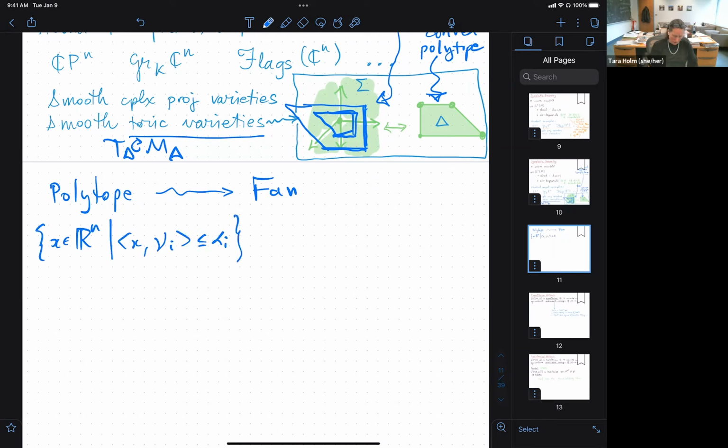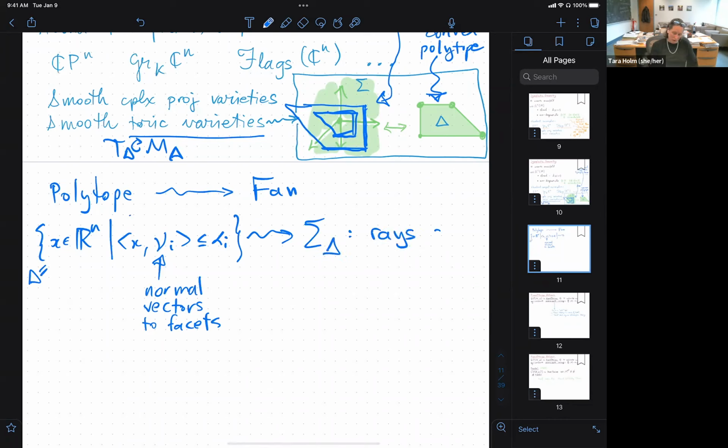These are normal vectors to the facets. And if I call my polytope delta, then I get a fan sigma delta whose rays are precisely those normal vectors.